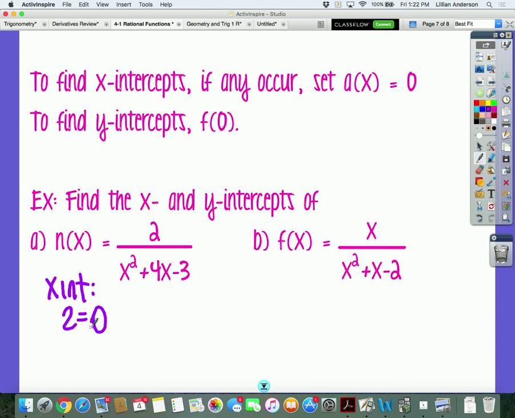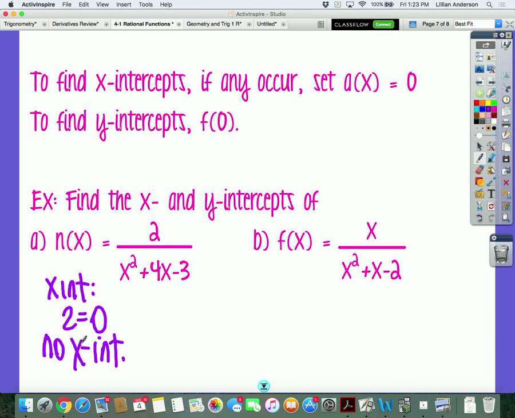What is that? It's undefined, not in the sense of an asymptote undefined, but is there an x-intercept? No. You can't have a number equal to 0. When that happens, that means there's no x-intercept.